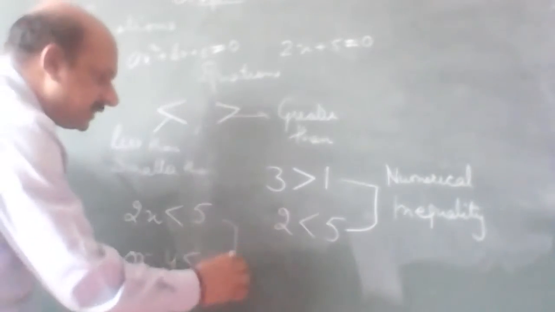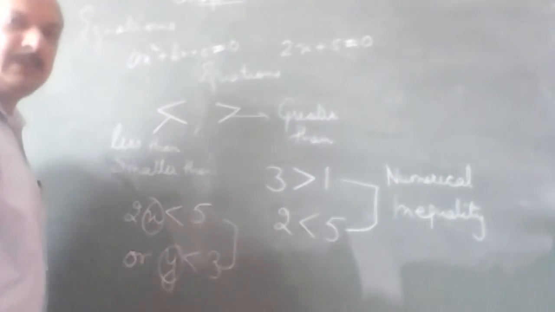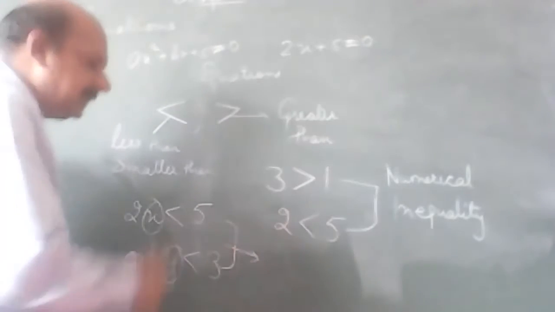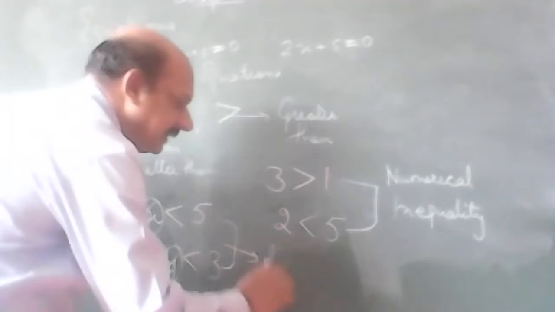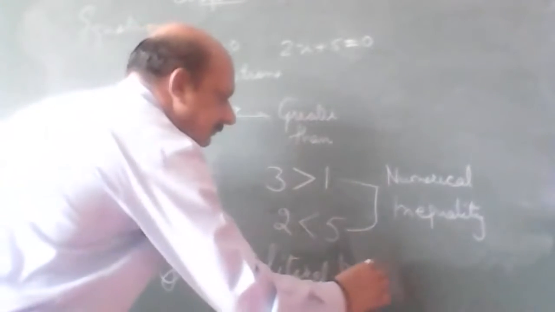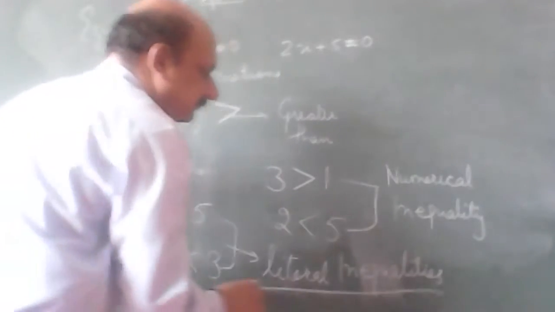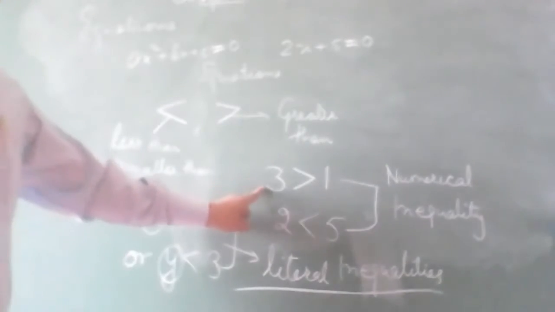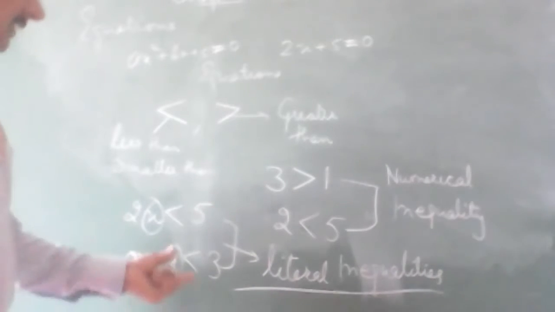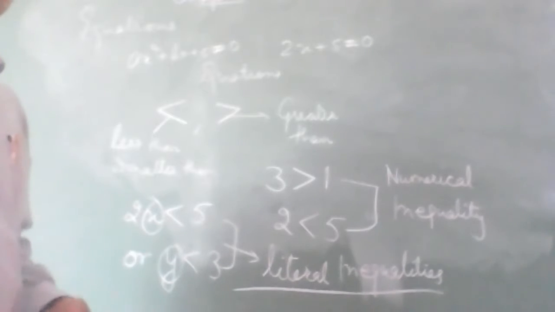In all such conditions, wherever we are using x or y, the unknown variables, these inequalities are called literal inequalities. If we have only numbers, it would be called numerical inequality. If we have the variables attached with it, it will be called literal inequalities.